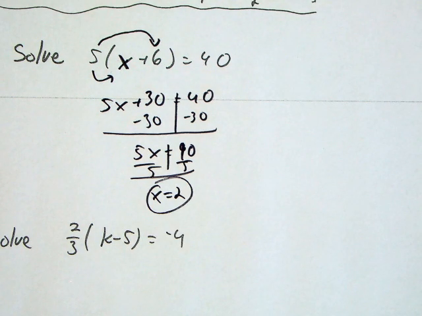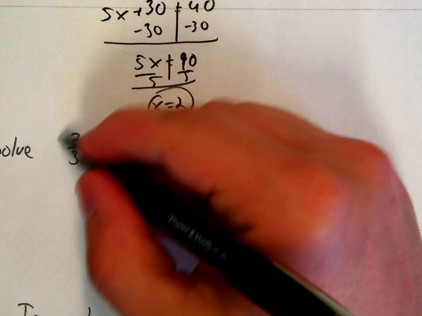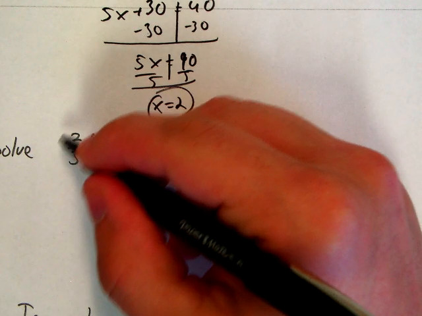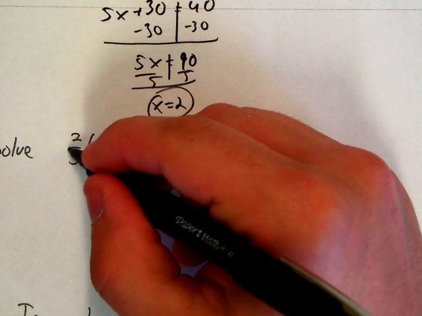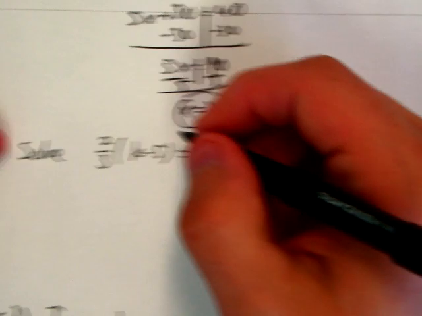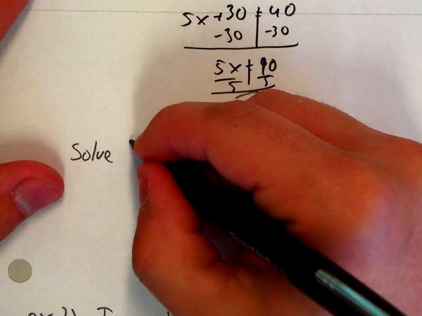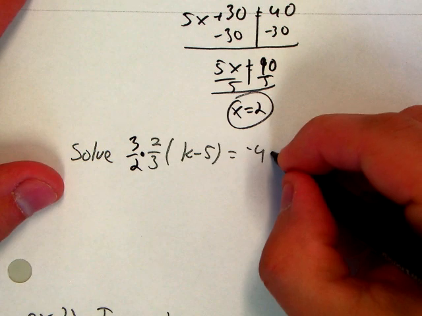The other method that we can use, and this is going to be here in the second part, is to get rid of this first. So instead of doing the distributive property and multiplying all the way through, we can get rid of this 2/3 out front here first. And what you would do to get rid of a fraction was to multiply by its reciprocal.